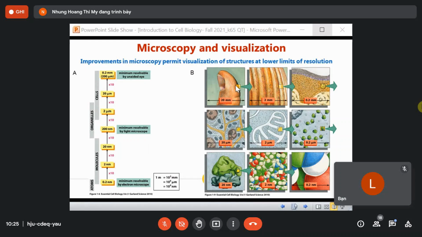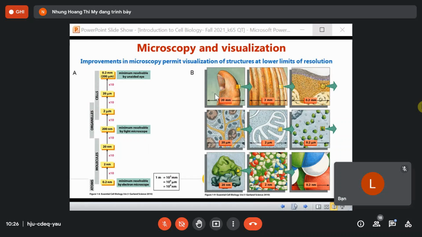Okay, or maybe another way to ask: what is the smallest distance that the naked eye can recognize between two points? I think it's about 20 millimeters. Oh, I think it's not so sharp eyes. 20 millimeters? 2 millimeters, I think. 2 millimeters.